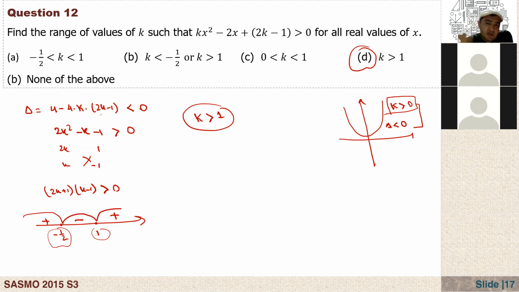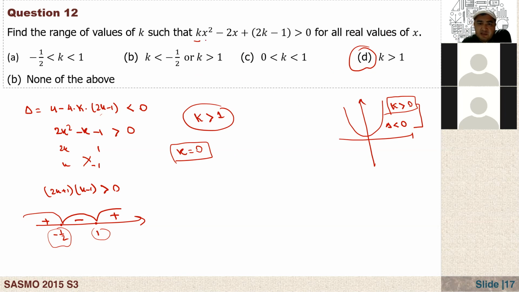Narmin, did you also check this? What happens if k is equal to 0? Usually if we have k here, you always need to check what happens if k is equal to 0. I mean, will this inequality hold for all values of x or not?